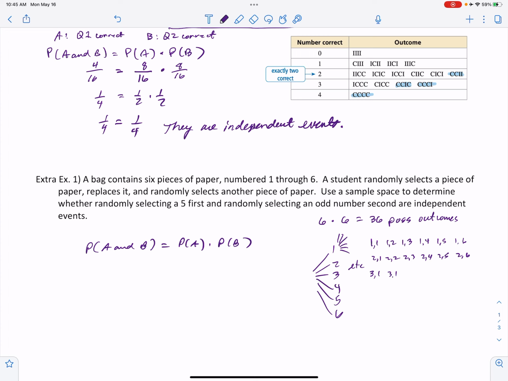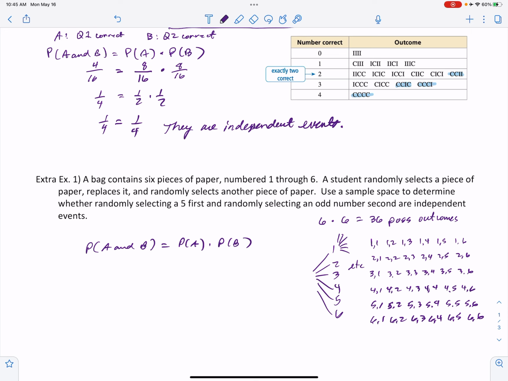You get a 3 and a 1, a 3 and a 2, and so on through 4, 5, and 6. Oh boy, that's my sample space.